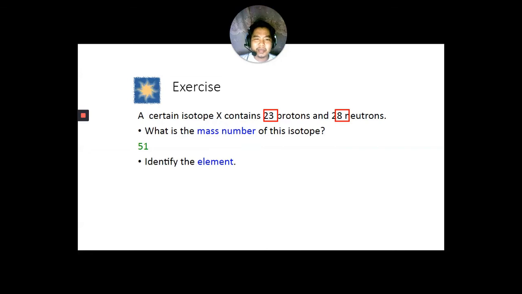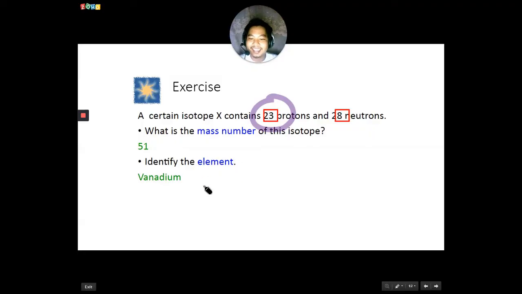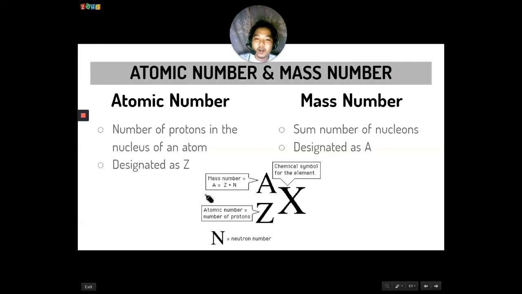But that's a bit tricky because when we are looking at what an element is, again we are basing on the proton number, the identity of the element itself. So 23 will lead you to no other than vanadium. Parang Miss Universe lang. Vanadium. That's the element. So that's how we use the concept of isotopes.